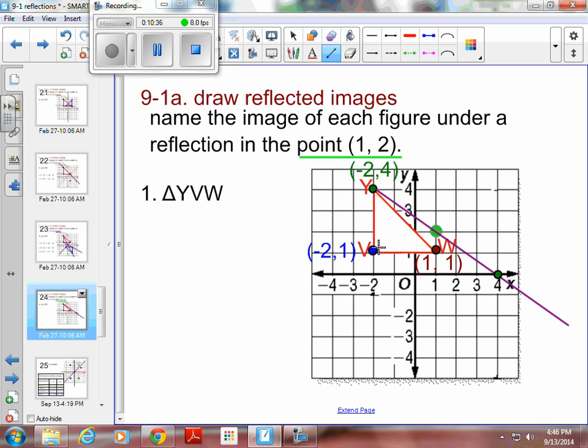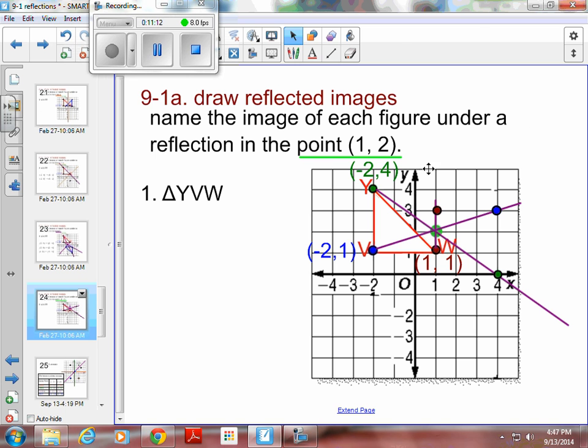Grab this blue point and go through that point. So my blue point, V, is going to be up 1, forward 1, 2, 3, up 1, forward 1, 2, 3. You can see how it's more accurate if you count your slopes than if you just draw these lines. And then if I grab my last one, this point W, if I go up 1, I would just go up 1.